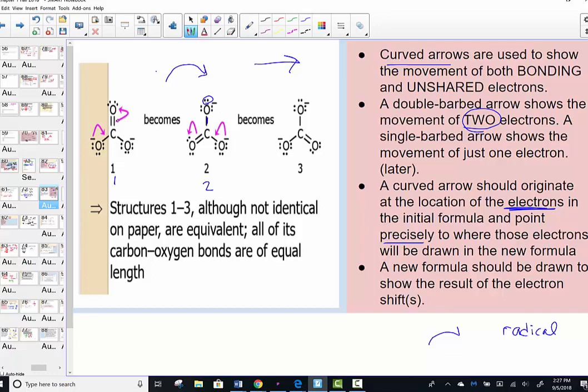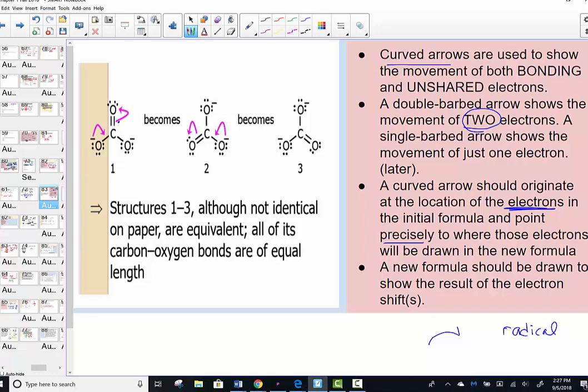So the origin starts at the bond or the electron pair that's moving, and it's going to point where the new electrons were placed. Let me emphasize that again, kind of clean the slate here. In this double bond, this is a pi bond. It's the second in a double bond. So this is the delocalized pi bond.